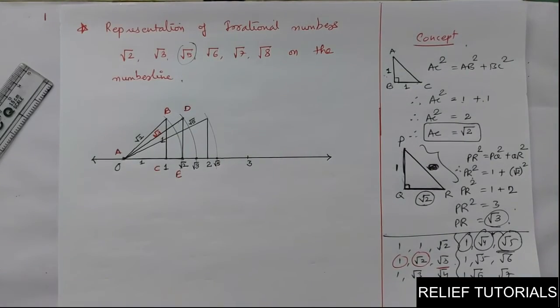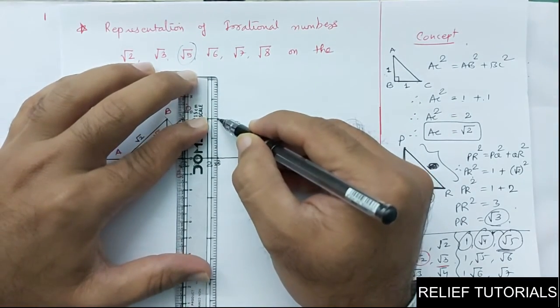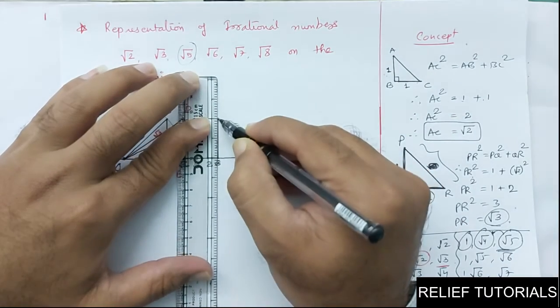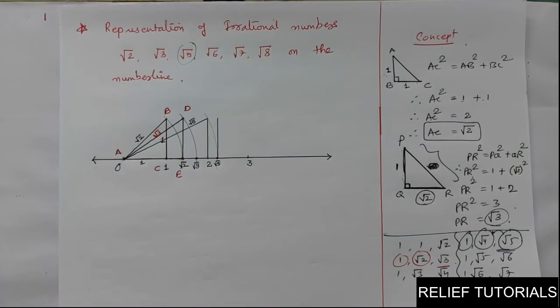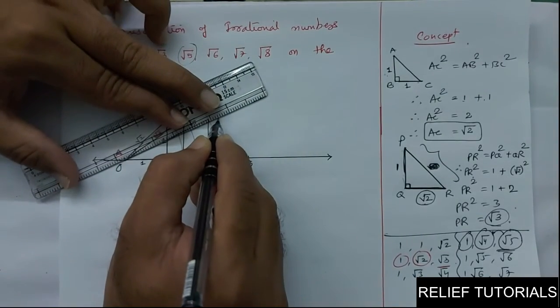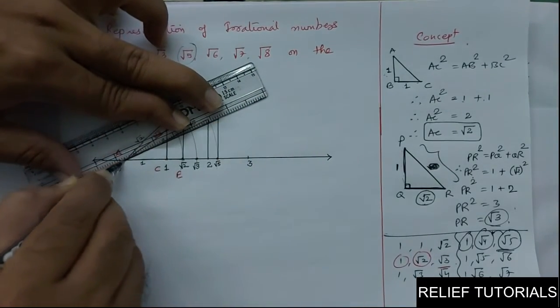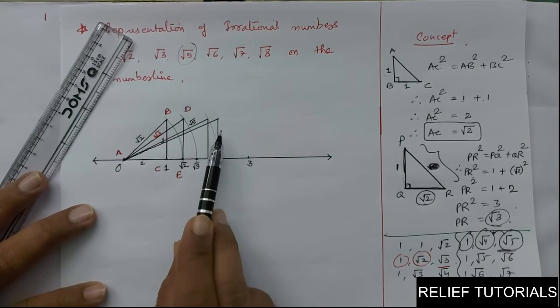Now if you want root 6 on the number line, you should have root 5, and you have root 5. So you draw one more perpendicular line here of length 1. This is the joining hypotenuse. This length is root 5, this length is 1.